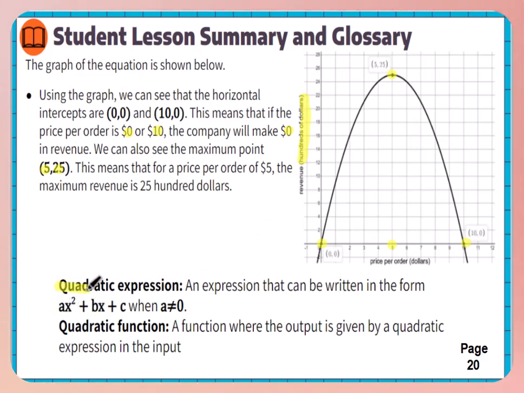Quadratic expressions are written in the form of ax squared plus bx plus c, where a is not equal to 0, meaning we have to have a squared term. So a quadratic function is a function where the output is given by a quadratic expression in the input. A quadratic expression has a squared term.